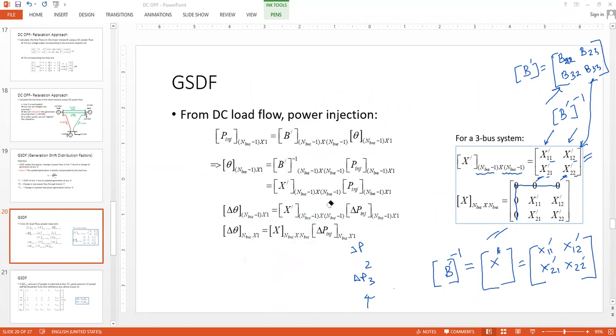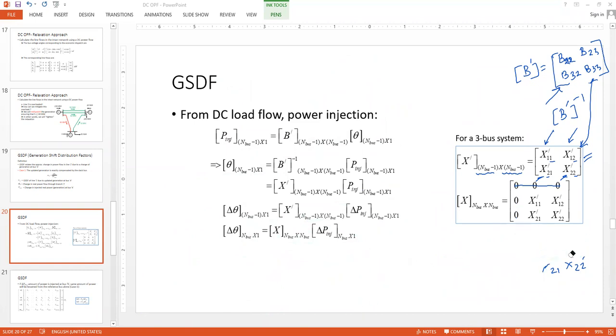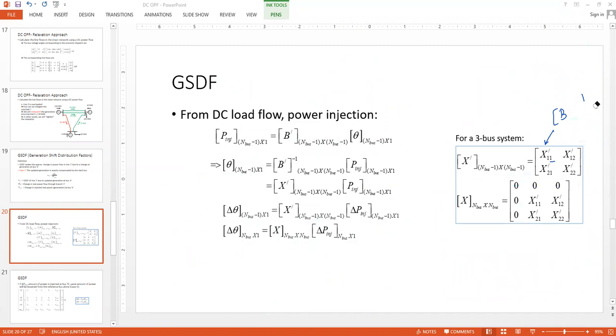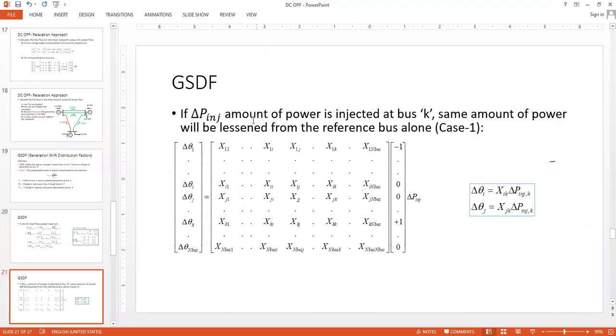So now we are going to see how we get some specific theta expression out of this generalized expression in the next slide. So let's say now that some injection, del P injection, this amount of power, is injected at bus K. Remember, we are still following case 1.